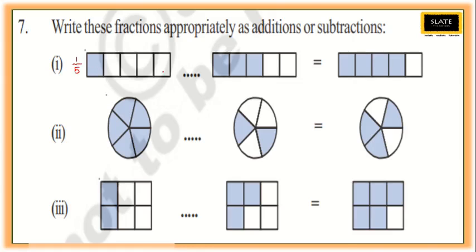Now check this, same way it is again 5 parts out of which 1, 2, 3 parts are shaded, so it can be represented as 3 by 5. This is 1 by 5 and this is 3 by 5. Now we should see the result, then only we can decide whether it is addition or subtraction.